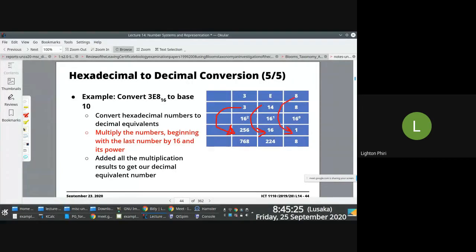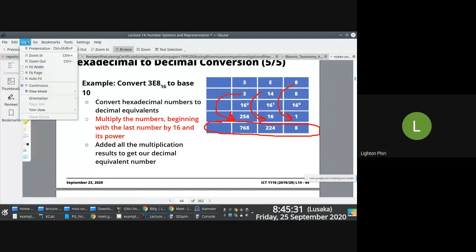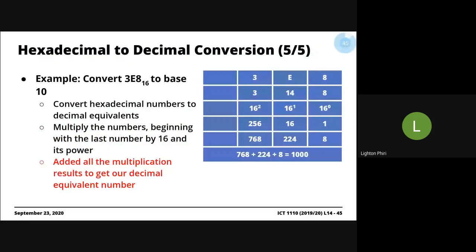And then you add these up. 768 plus 224 plus 8, right? And then you get 1,000. So what we're saying is 3E8 base 16 is equal to 1,000 base 10.